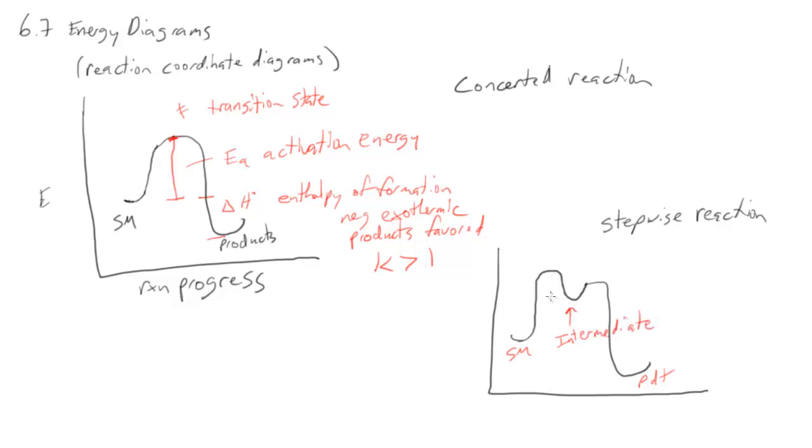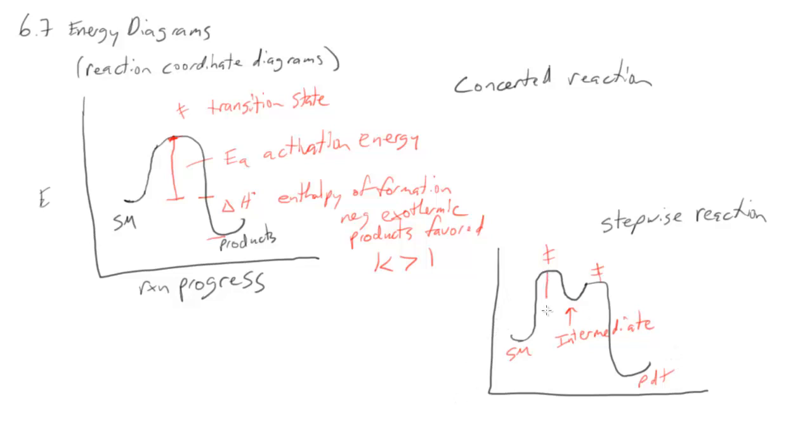That's a lower energy, so here's highest energy, here's a low energy, or a local minimum. This local minimum is our intermediate. So I go through a really high energy transition state, I come down to an intermediate, I go through another transition state, then eventually I come down to products. So that would be a stepwise reaction.